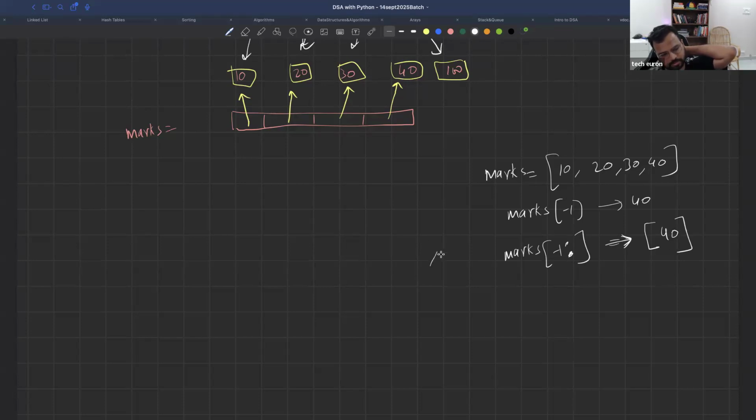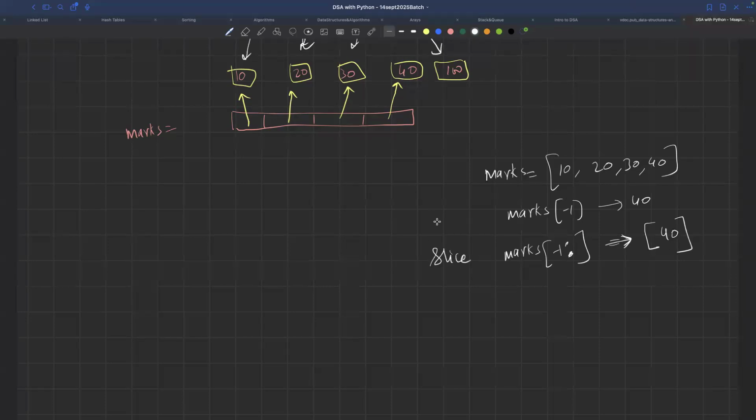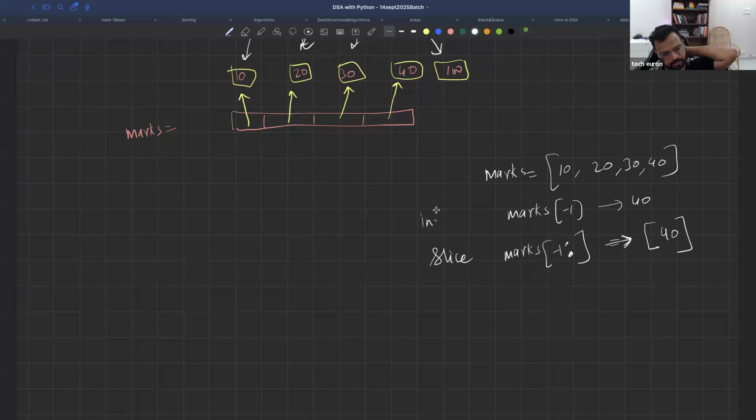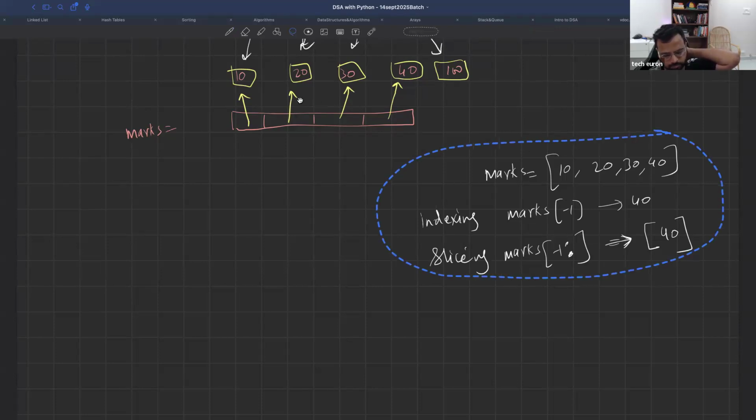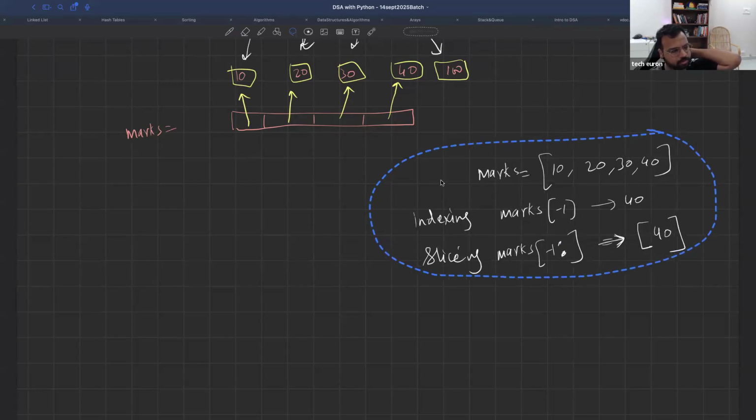This is a slice. Yeah, okay. This is indexing. This is slicing. Khair, this is not what we were doing. मैं यहाँ पे शायद उल्टा बोल दिया मुझे. एक मिनट रुक जाओ.